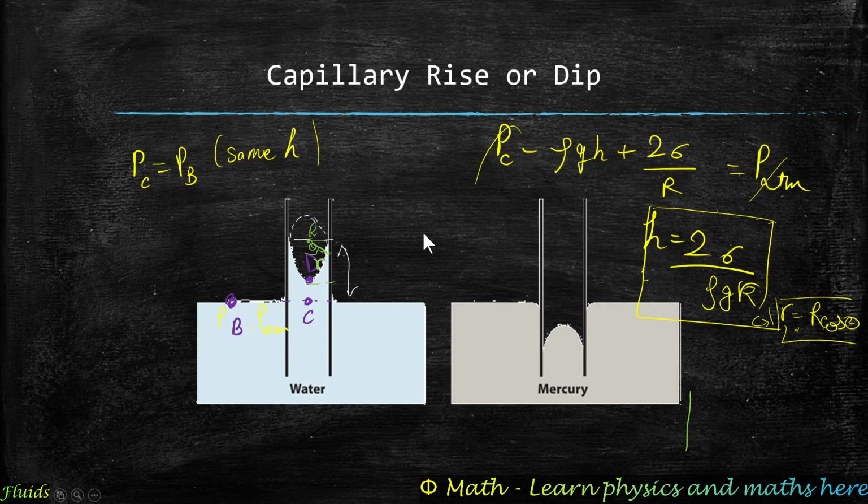So from here we can see this angle is also equal to theta, and with this we can see small r is equal to capital R cos theta, and we have capital R equal to small r over cos theta. We can just substitute in that equation and we will have h equal to 2 sigma cos theta over rho g r, which is our formula, where r is the radius of the tube.